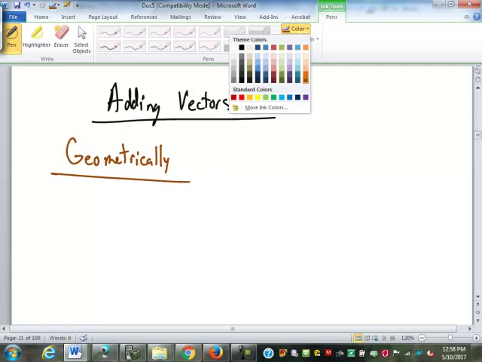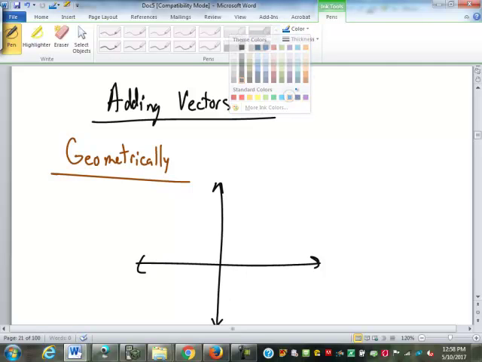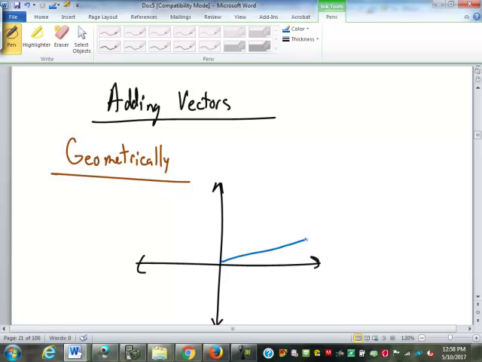I told you vectors can be added geometrically. So let's say I have a vector here. I'm going to write it at the end of the vector. Let's say that this is 800 pounds at, I just put it at 20 degrees to keep it simple.